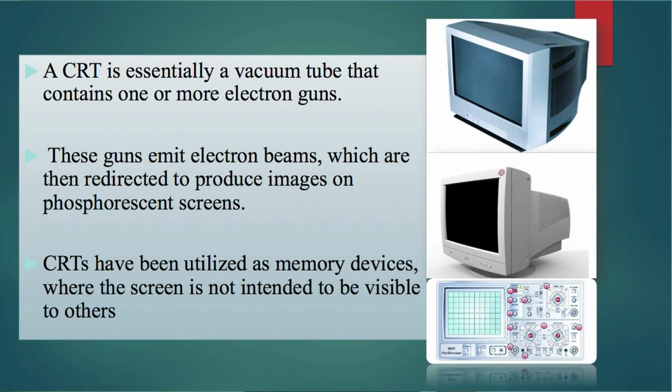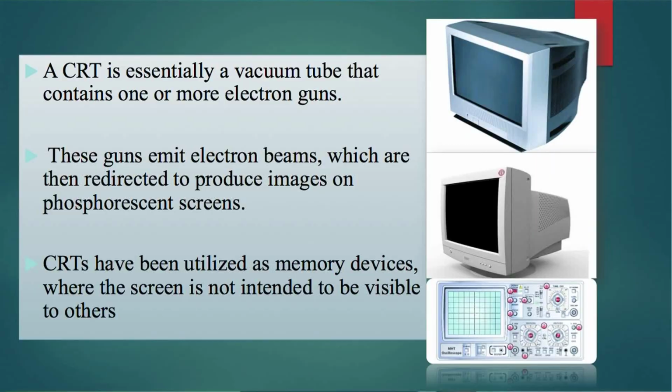These are some examples where CRT is used. CRTs are capable of displaying a broad range of visual electrical waveforms, radar targets and other occurrences. CRTs have also been utilized as memory devices where the screen is not intended to be visible to others.